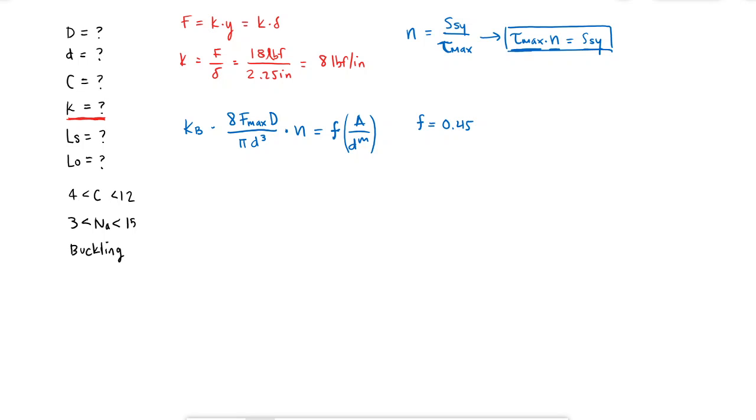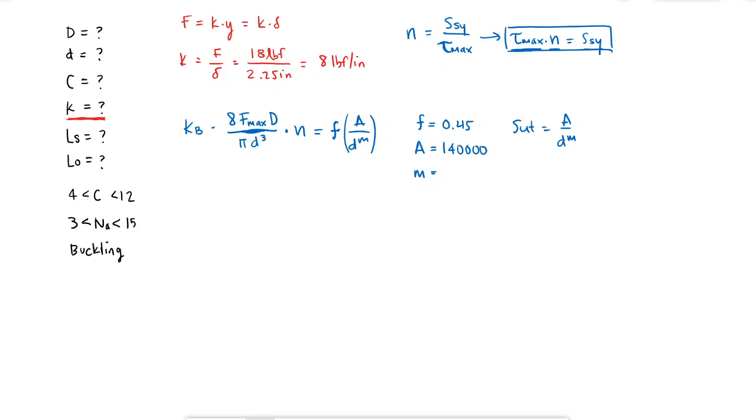And then the coefficients A and m are going to come from the other table that lists A and m coefficients for S_ut equals A over d to the m. So for cold drawn, we have an A coefficient of 140 kpsi inch to the m, so that's going to be 140,000, so that I just have pounds and I can compare it to this force.